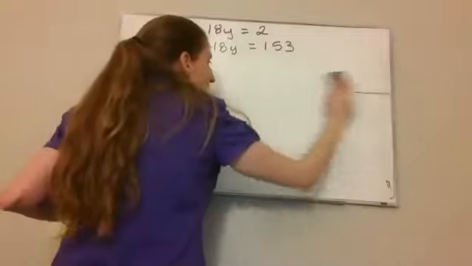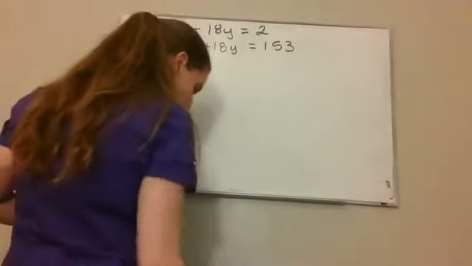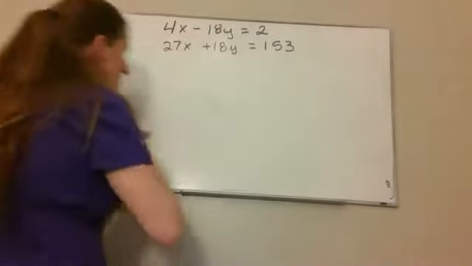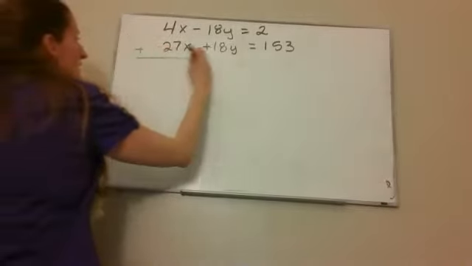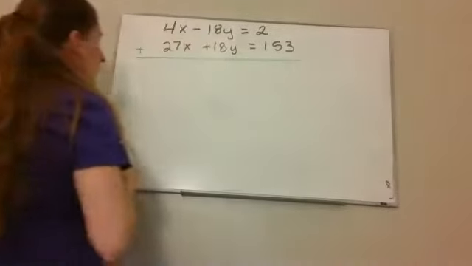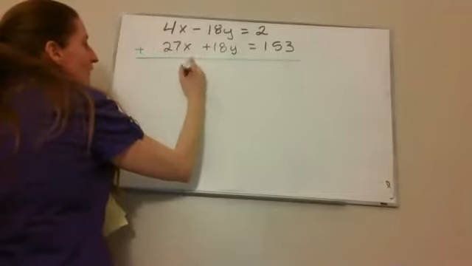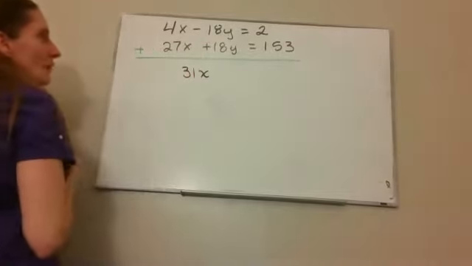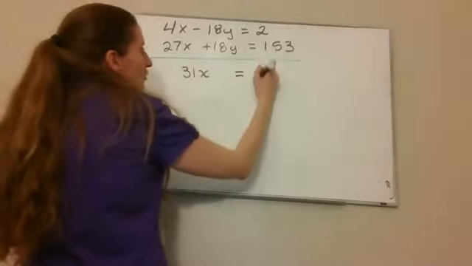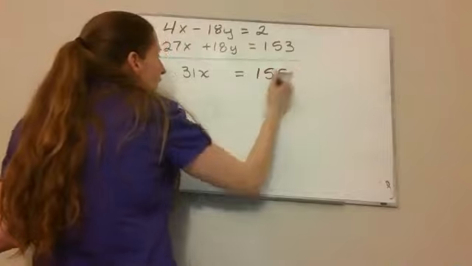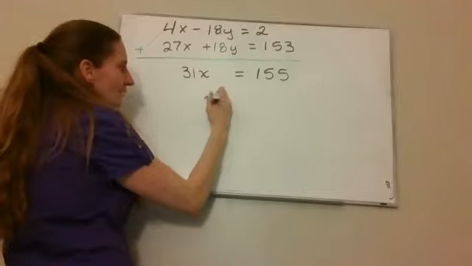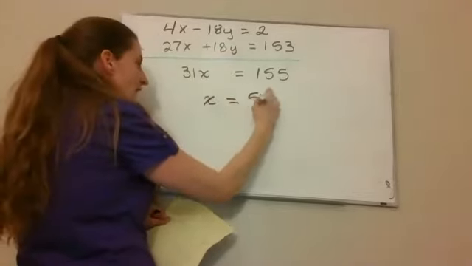Now I get to do the step that eliminates my y variable, and we do that by adding the two equations together. So when I add my two equations, 4x plus 27x is 31x. My negative 18y plus 18y is 0. And 2 plus 153 is 155. And I can solve this equation by just dividing by 31, and I get x equals 5.